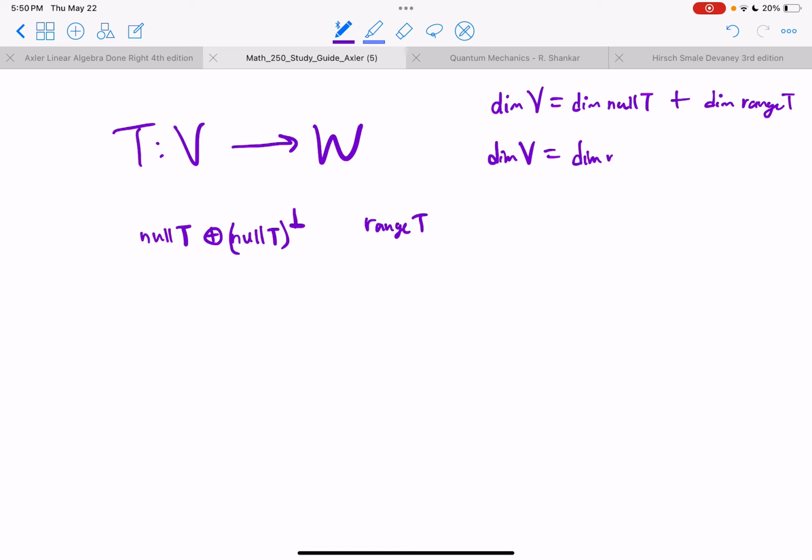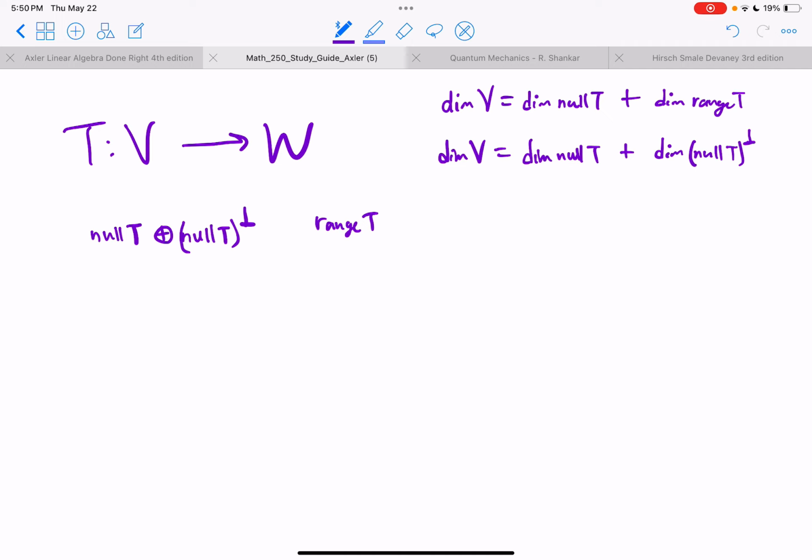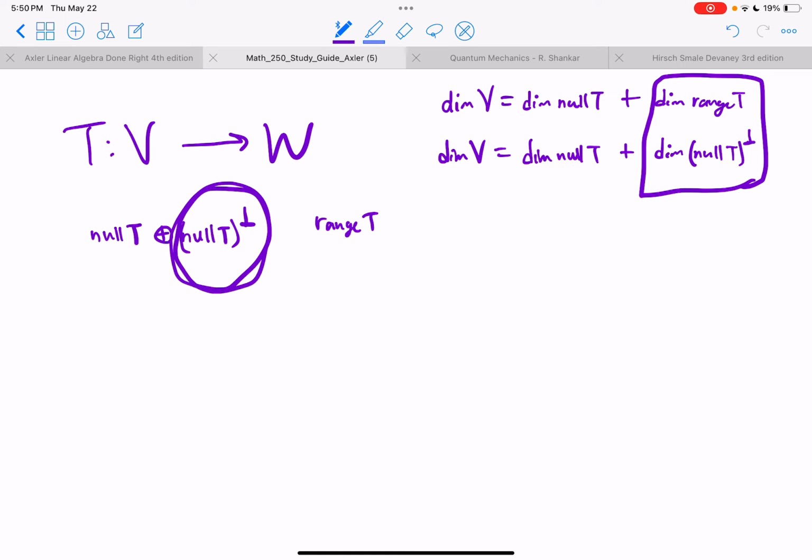So this gives us a very similar looking formula from which we conclude that, well, these are both the same, so these numbers have to be the same. So the range of T and the null space perp have the exact same dimension.